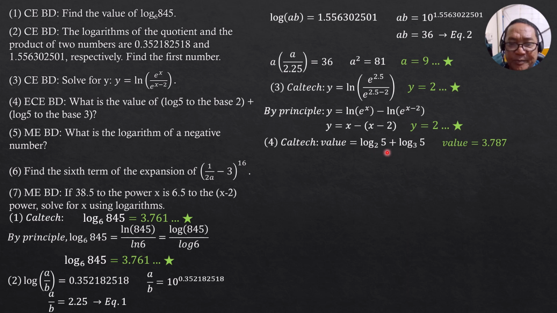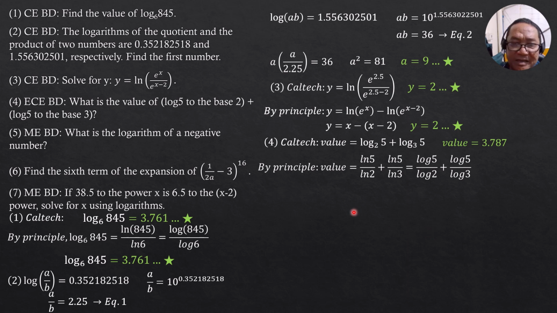It may also be log of 5 over log of 2 plus log of 5 over log of 3. So using the calculator, all you have to do is press the displayed fractions, ln and log to base 10 or to any base, then you'll get 3.787 also.